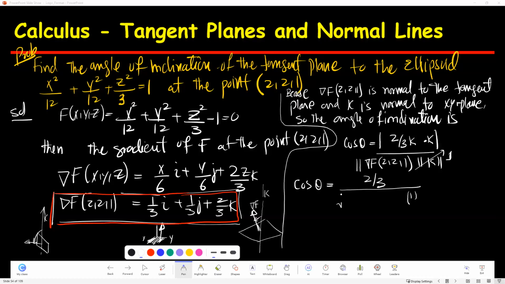But here I'm going to write this whole vector's magnitude. And the reason I explain it in a little bit of detail is because students usually make a mistake. They write 2 over 3 here, and they also write 2 over 3 in the denominator. You need the full vector in the denominator.